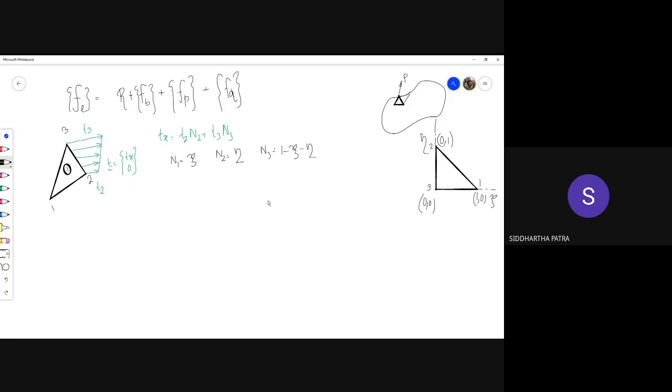Now imagine this traction T is applied to line 2 3, changing linearly from node 2 to node 3, so this is what its expression is going to be. But you also need to know the value of xi, because N3 has xi. Can you tell me what is the value of xi on the line 2 3?